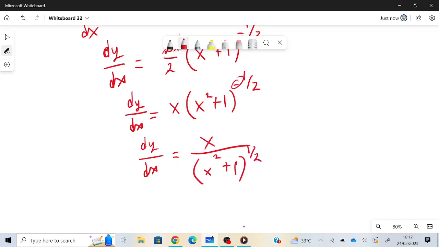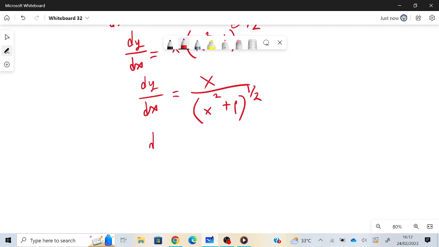Because it's a minus here, that means it was taken up, so if you want to take it back down as a denominator, you'll lose the minus and become positive again. And because it's the power of 1 over 2, we can now say that our dy/dx is nothing but x over the square root of x squared plus 1.